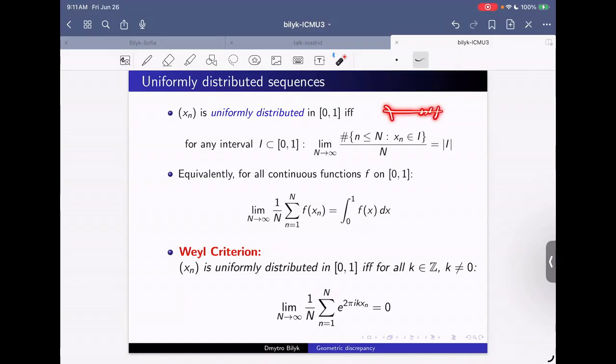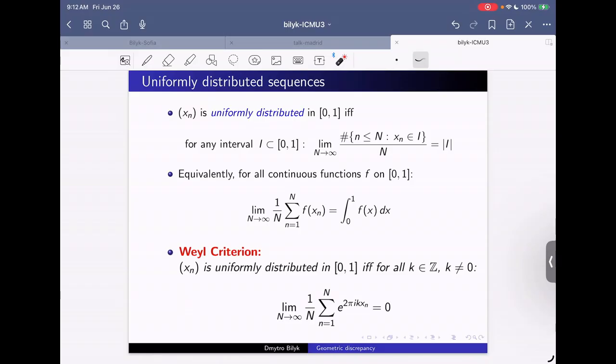Let's say you put 2 points here, 3 points here, then 1 point here, then 3 more points here, then 1 point here, then another 3 points here, then 1 point here, and so on. In the end, if you do it that way, this will be a dense set, but the sequence is not uniformly distributed. So here the order of the points also matters a lot, because when you talk about density, you're just talking about the property of a set. Here you're actually talking about the property of a sequence. You care about the ordering.